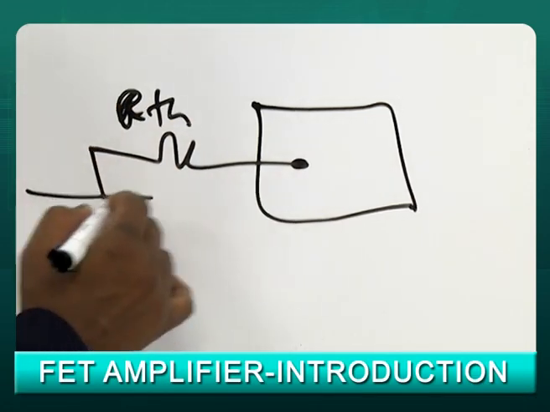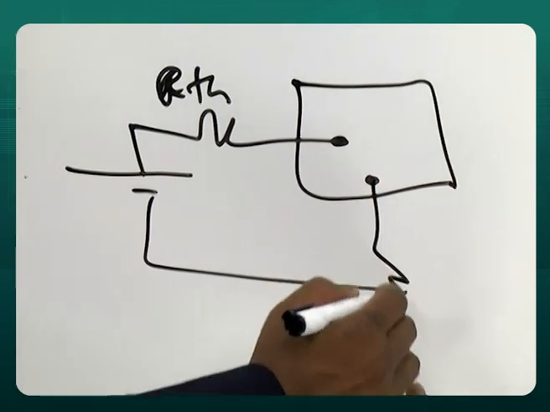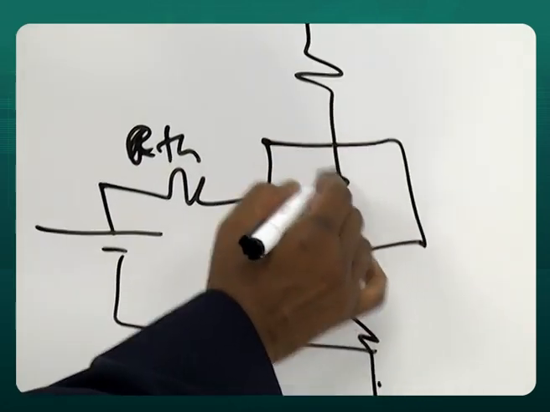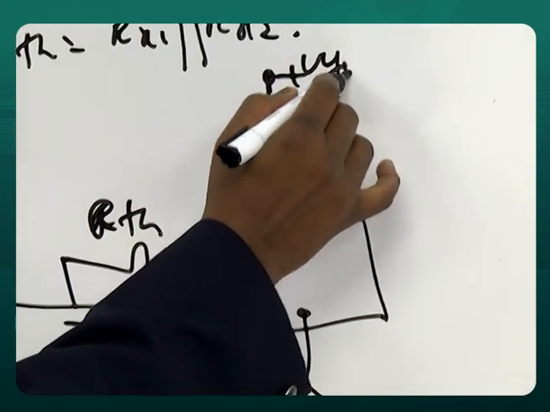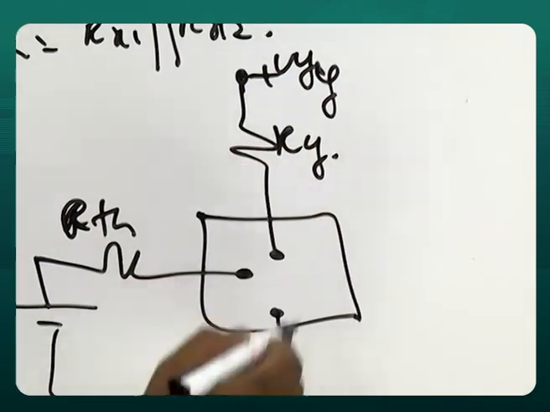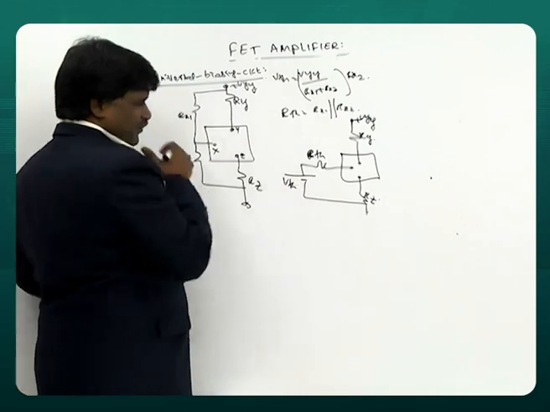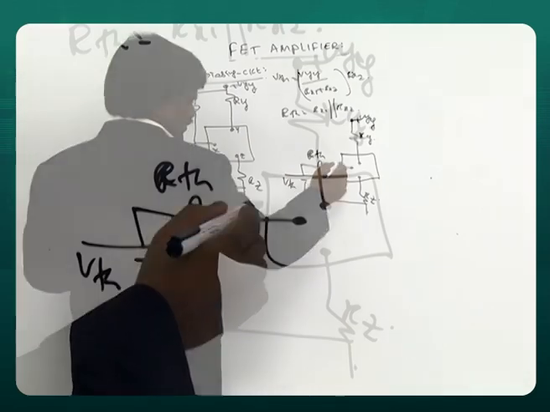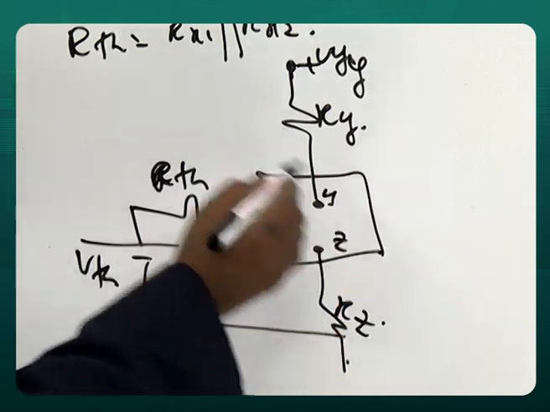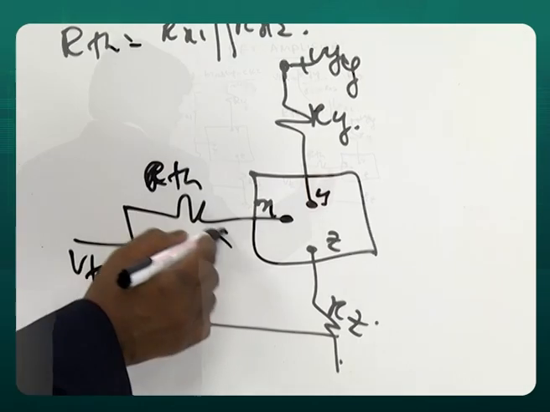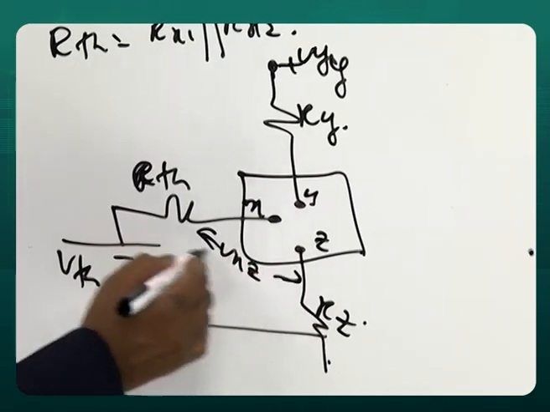R Thevenin, this is VYY, RY, RZ, V Thevenin. Call it XYZ, VXZ.